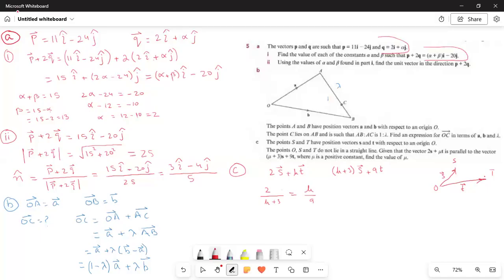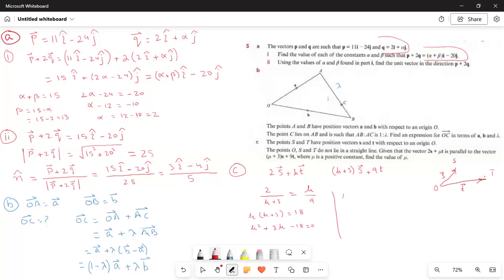Now I can solve this equation and find the value of mu. So it is going to be mu times (mu plus 3) equals 18. I just did the cross multiplication. So this is mu squared plus 3 mu minus 18 equals 0, if I bring it to the left side.